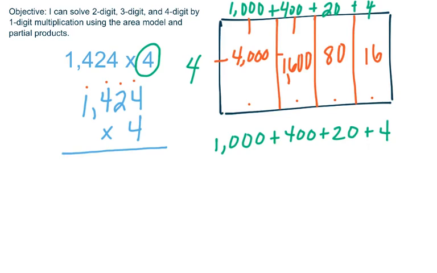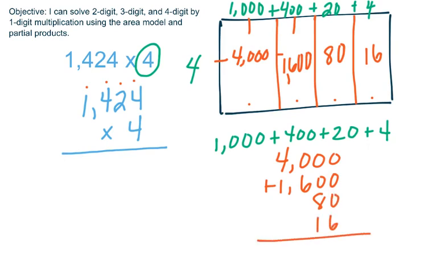Alright, my final step for this, I've got to add all of those up, so I've now got 4,000 plus 1,600 plus 80 plus 16. Alright. 6, 9, 6, and 5. So 5,696 is what I've gotten for my area model.